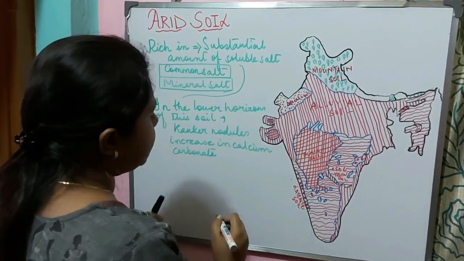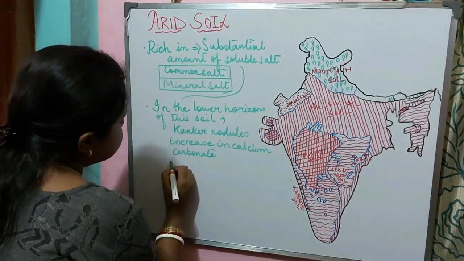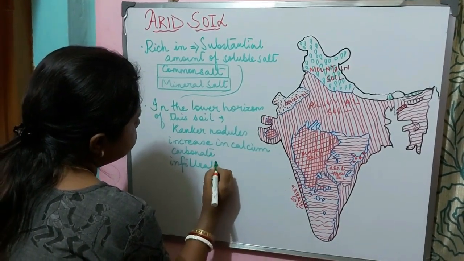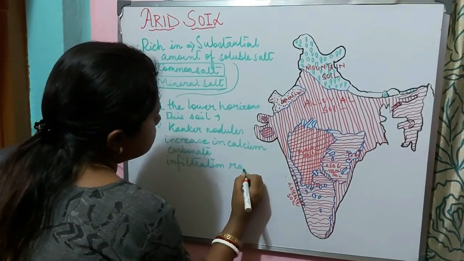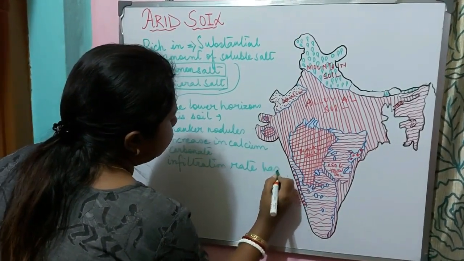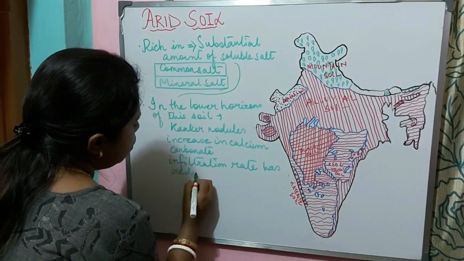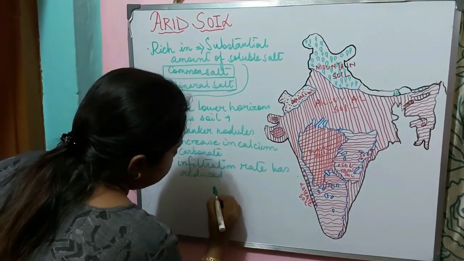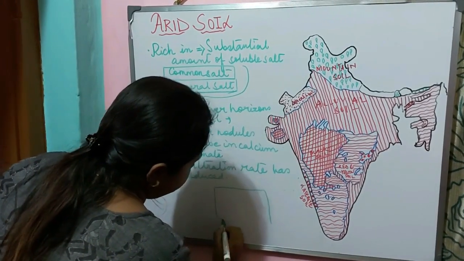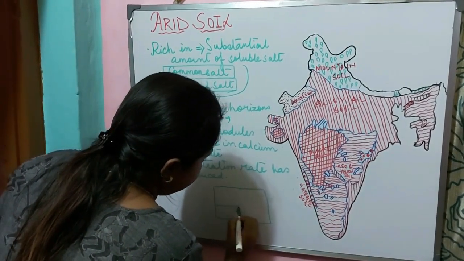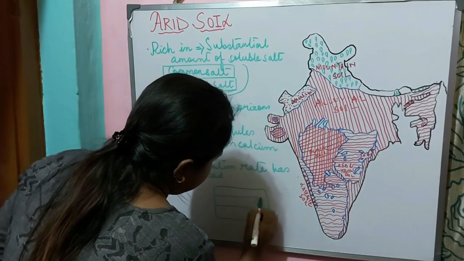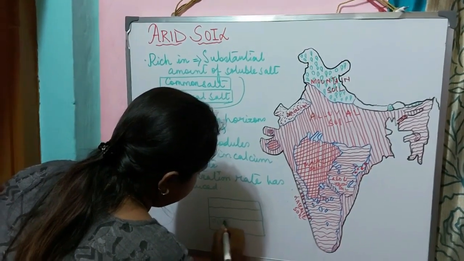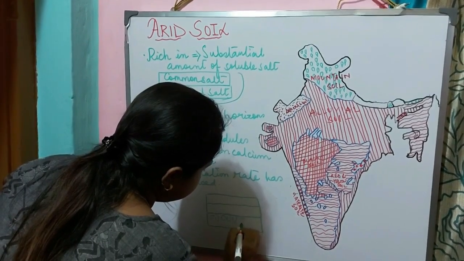Now, due to this, we can see that the infiltration rate has reduced. That means the water cannot infiltrate down. This is the soil horizon. Here they have the conker nodules.